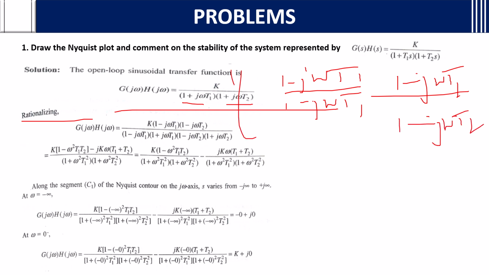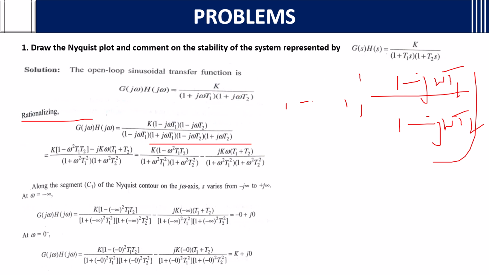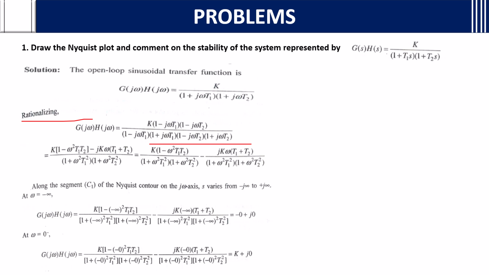If you multiply this equation with this, you will get this only. Rationalizing means that in the numerator the complex conjugate will be there, no? If it is plus, you will make minus in between and apply for numerator and denominator. Then if you multiply inside and simplify, you are going to get till here.